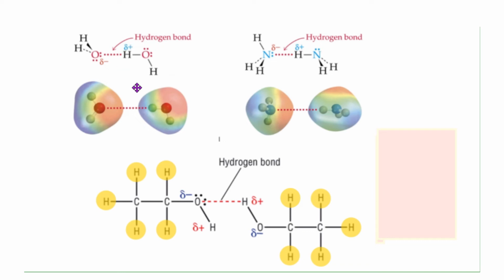Within the molecule, is the hydrogen bonded to a small, highly electronegative element, either nitrogen, oxygen, or fluorine? Yes, the hydrogen is bonded to an oxygen. So the criteria are met. So between water molecules, there's a stronger hydrogen bond. It's a specialized dipole-dipole.